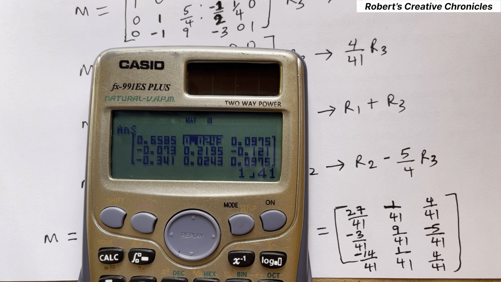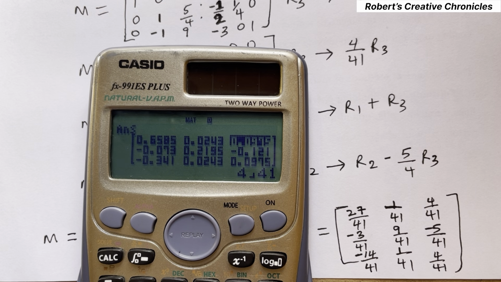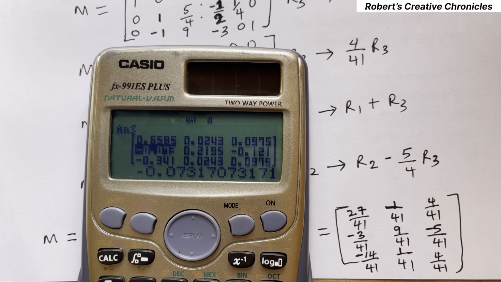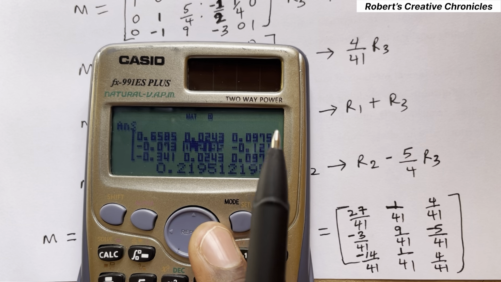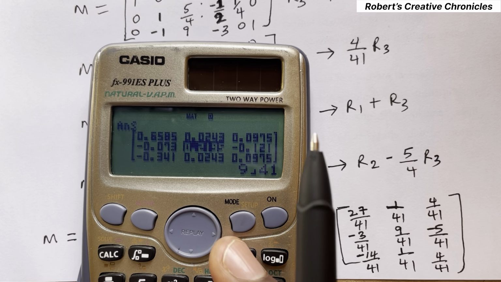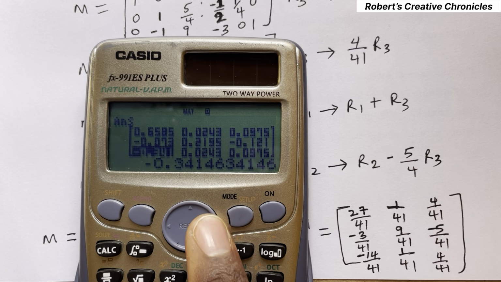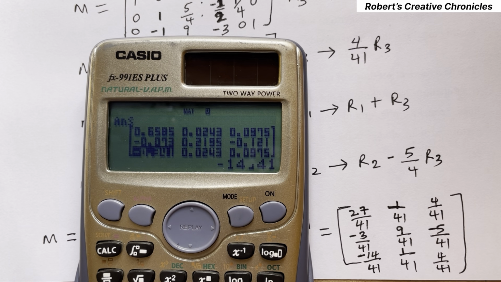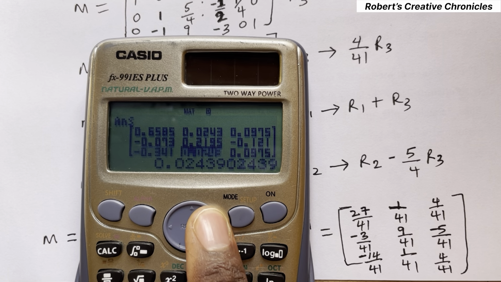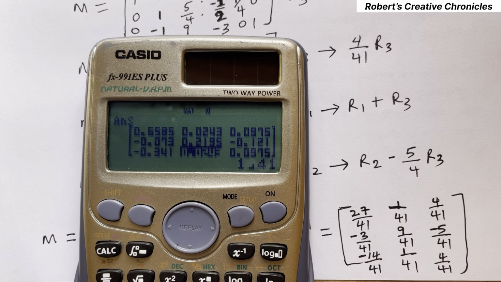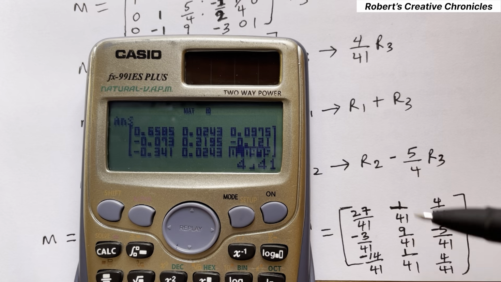Press S-D, 1 over 41. You can see it. S-D, 4 over 41. The next one minus 3 over 41. 9 over 41. Minus 5 over 41. Minus 14 over 41. 1 over 41. And finally 4 over 41. So you can see that this is correct.